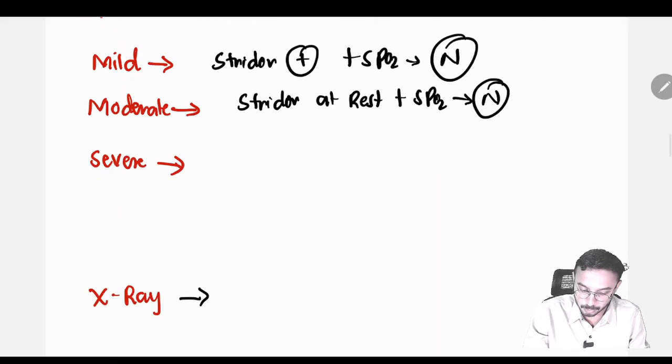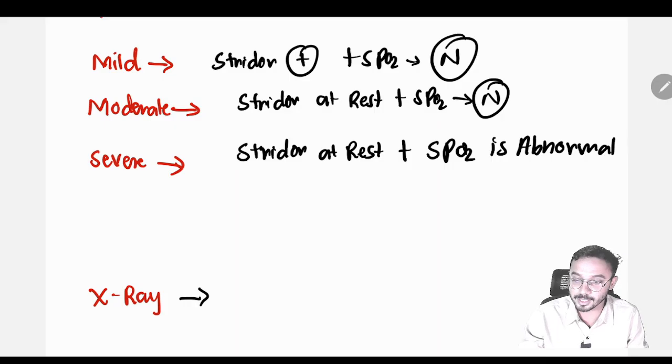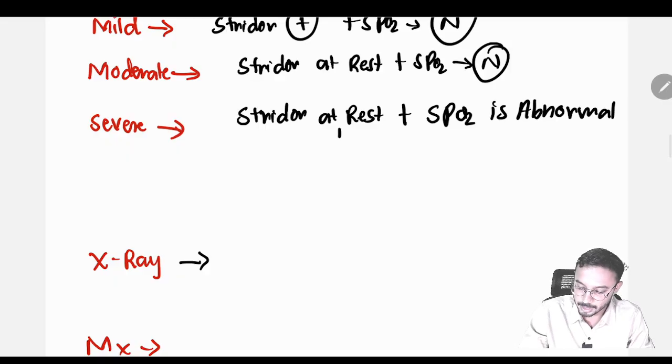In severe croup, the same stridor at rest plus your SpO2 value is abnormal. Look at that, it is a severe condition. Why? SpO2 is abnormal. So here you will find the hypoxia component. Hypoxia is less than 92%.